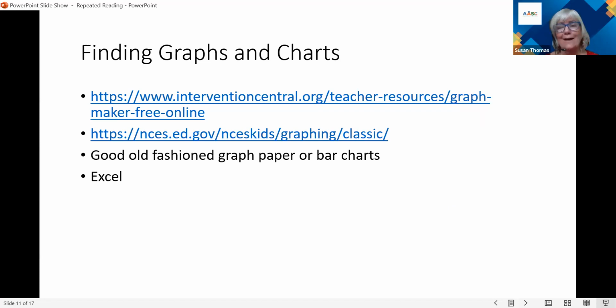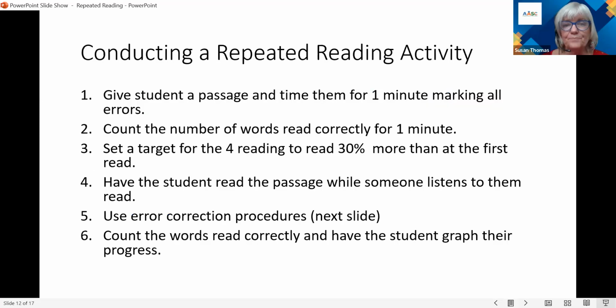I had kids design their own because they were keeping it up. You can certainly let them use Excel. They can record it in there and do a graph. One of the things that's great about this is not only are they practicing their reading skills, but when they're recording their results, you can embed other skills, like how to graph progress. So you're going to want to make sure that you have a way to do that.